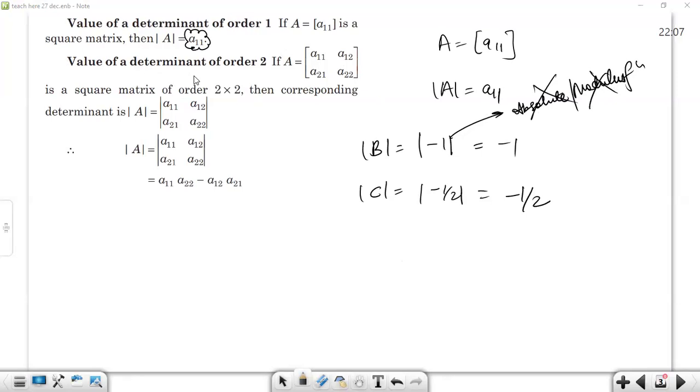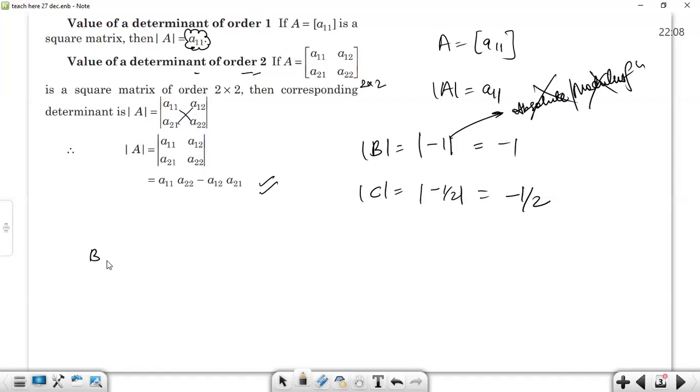Okay, let's now discuss the value of determinants of order 2. Whenever we have a matrix of 2 by 2 order, how do we find the determinant? We multiply the elements a11 and a22, and then we subtract the product of the other two elements. This is how we find the value of any determinant of order 2.